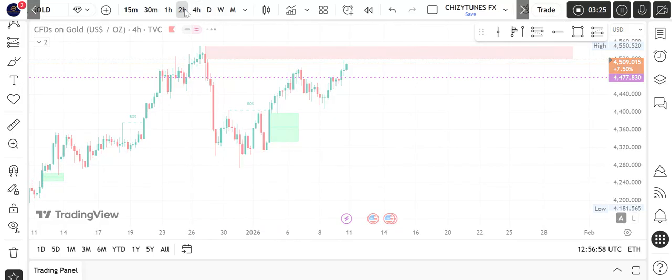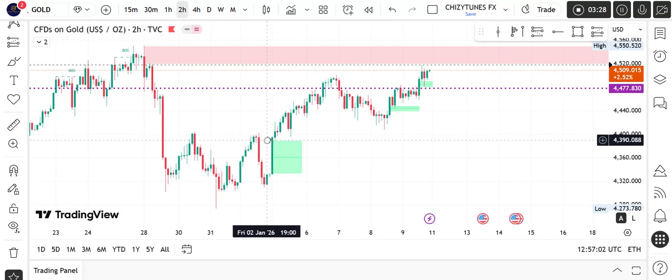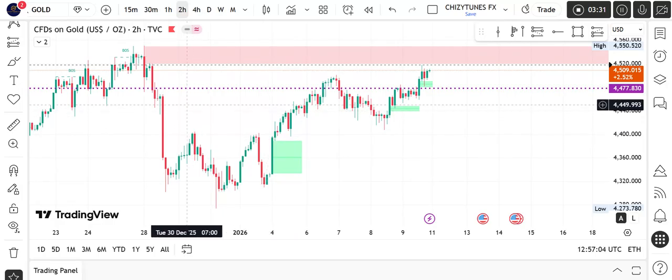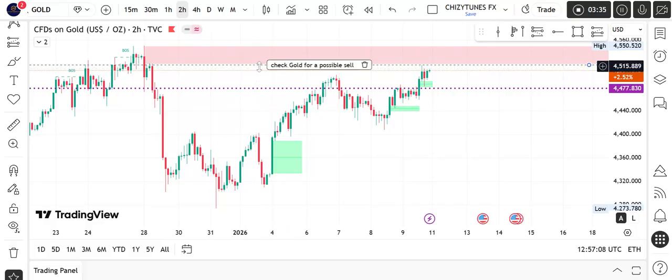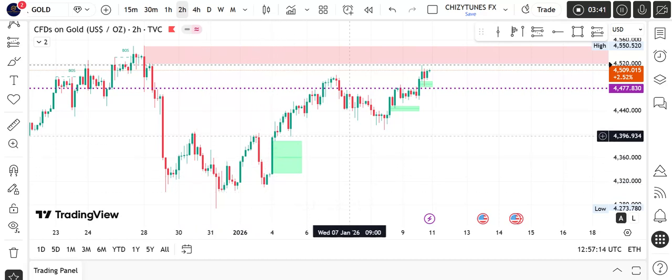Now the 2 hour time frame is where I do the dirty work. This is where I map out my order blocks, my support and resistance levels, and my fair value gaps. I also do that in the 1 hour time frame.